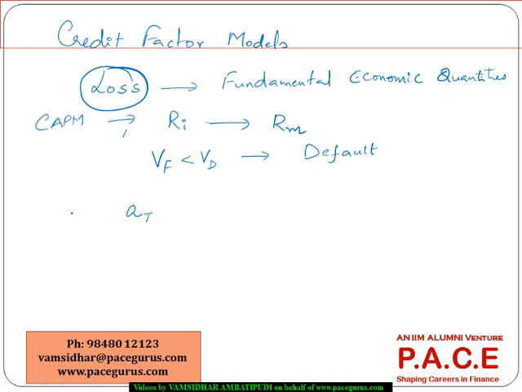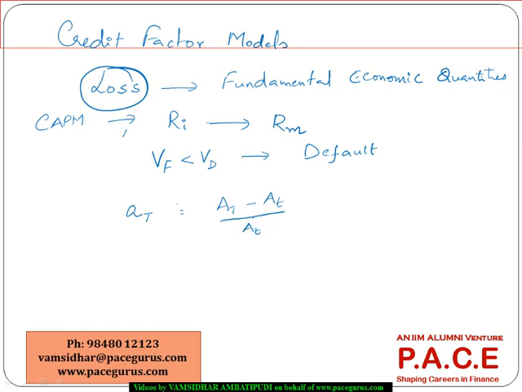Here we are talking about asset returns. The return on the asset is nothing but the final value of the asset minus the current value of the asset, divided by the current value. This is the return.